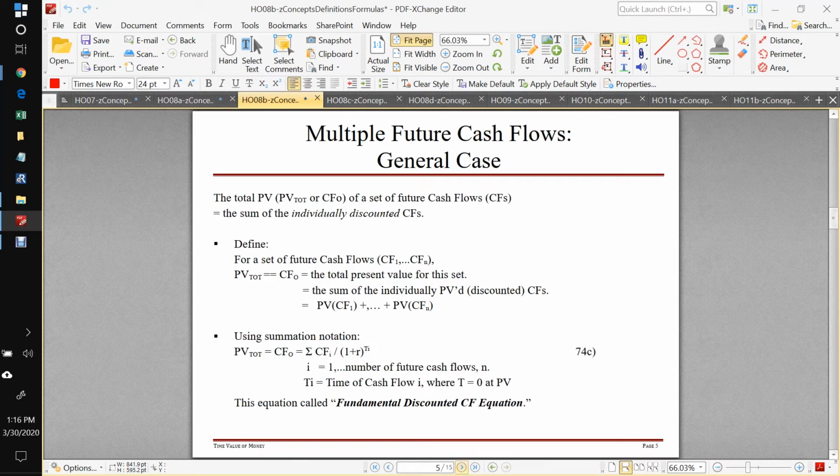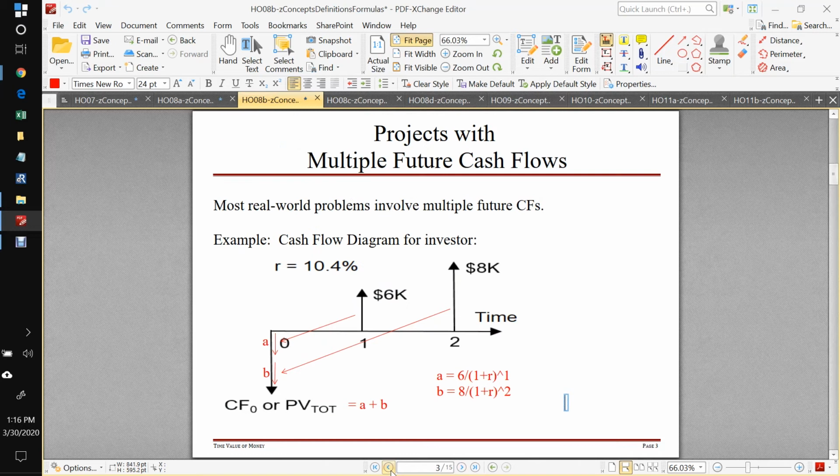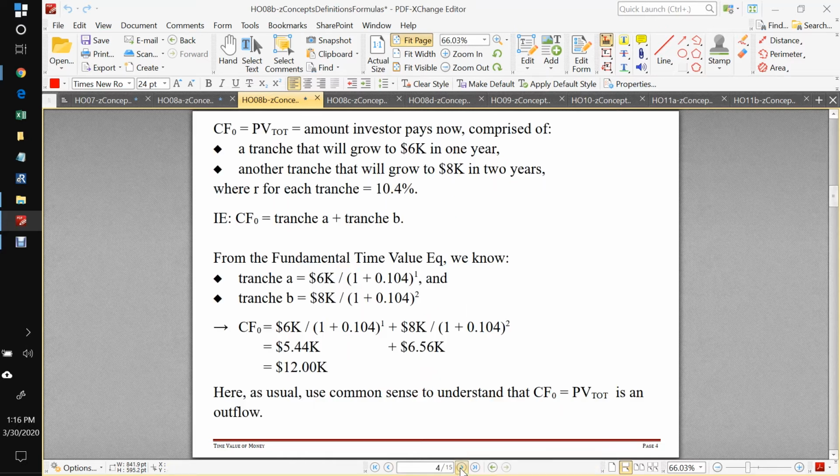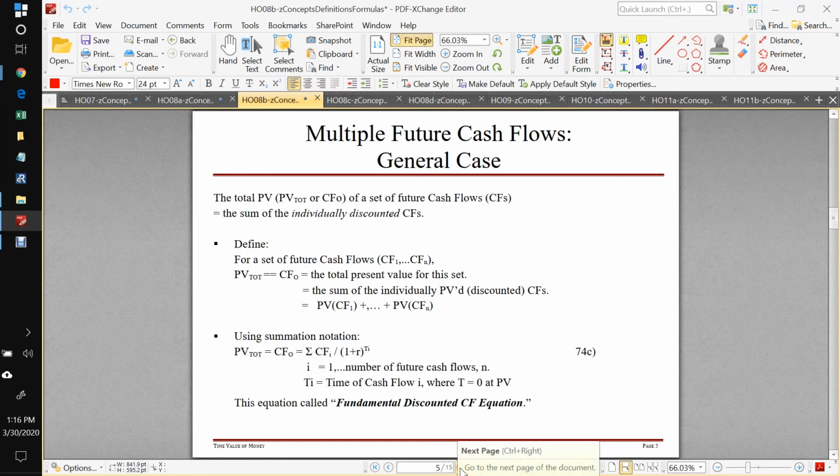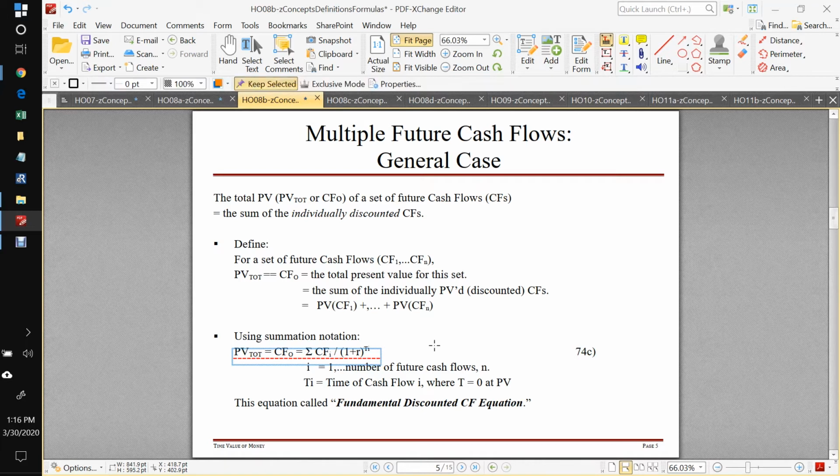Then we went from this simple 3 cash flow problem, 1 cash flow at t equals 0 and 2 future cash flows, and we thought about that a little bit. That led us to a general equation, which we could use for any project that had a whole bunch of cash flows in the future, and we called that the fundamental discounted cash flow equation.